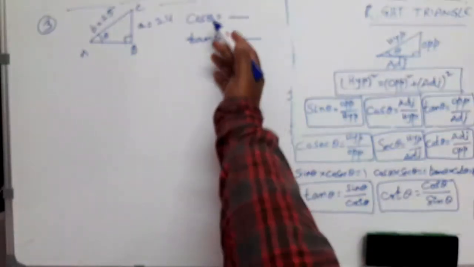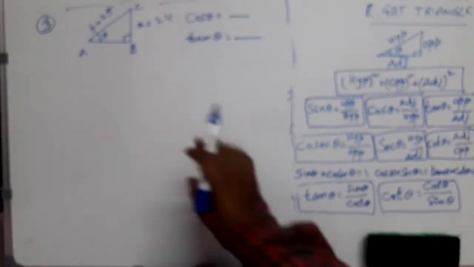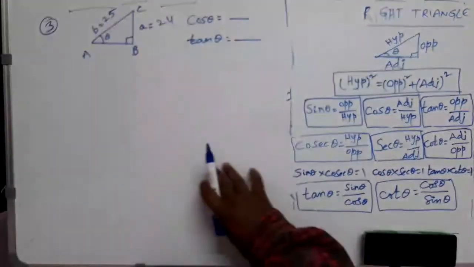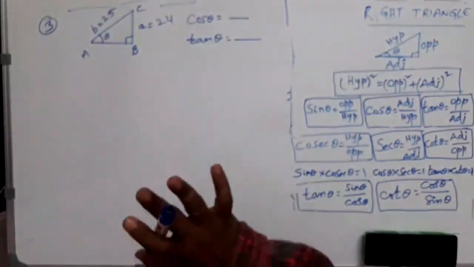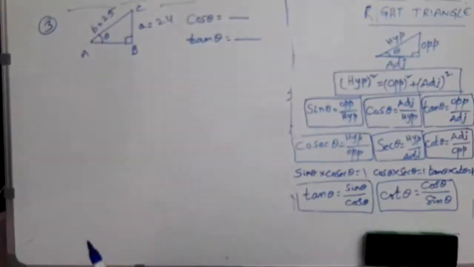You are supposed to find the value of two ratios, of course. Of these 6 ratios, you are asked to find the value of two ratios. So what shall we do? We shall first find out the length of the third side using Pythagoras theorem. Then we will go to the ratios to find the ratios. So using Pythagoras, tell me.